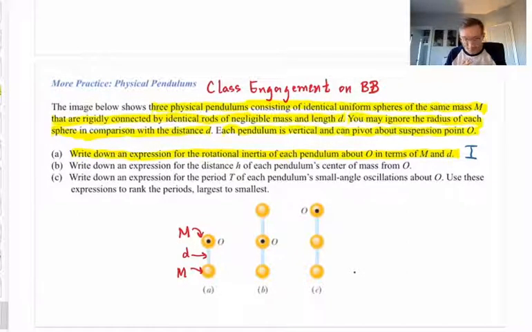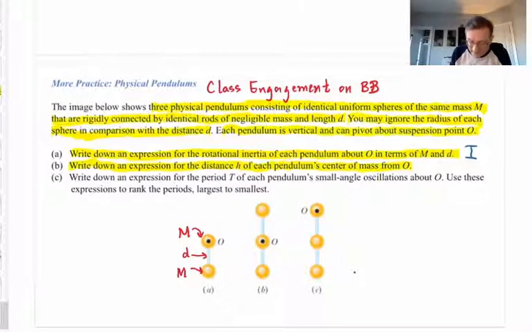B, write down an expression for the distance h of each pendulum's center of mass from O. What is h for each pendulum one by one, where h is the distance from the center of mass of that physical pendulum to the pivot point O.